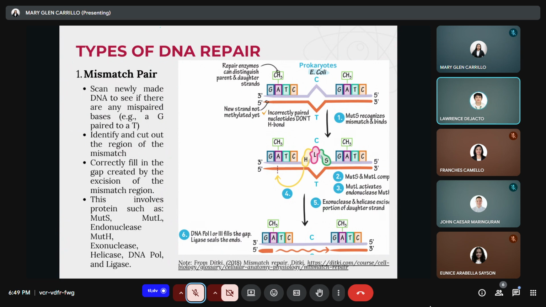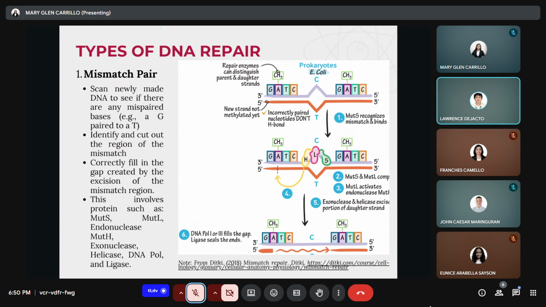So first, it scans newly made DNA to see if there are mispaired bases, like if G is paired to a T, since we know that in the complementary bases, G is complementary with C, and T is complementary with A. So next, it identifies and cuts out the region of the mismatch.